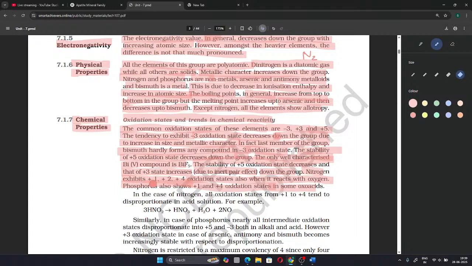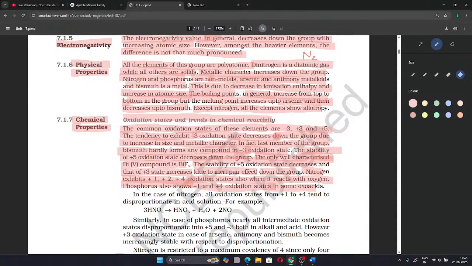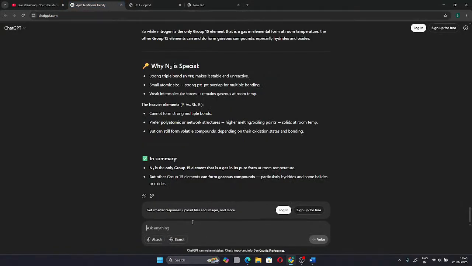Bismuth would rather prefer the +3 oxidation state than +5, and they gave the only well characterized compound in the +5 state of bismuth as BiF5, bismuth pentafluoride, and said this is due to inert pair effect, the inert pair being the ns2 electrons, I believe.